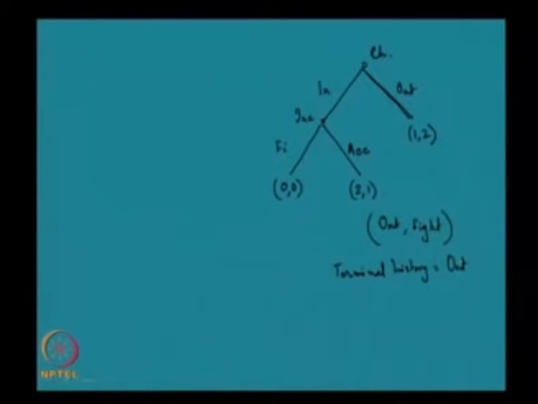But this game has a subgame which is not reached by the terminal history, which is this subgame occurring after the history in. And what is the strategy specified by this equilibrium profile in this subgame?